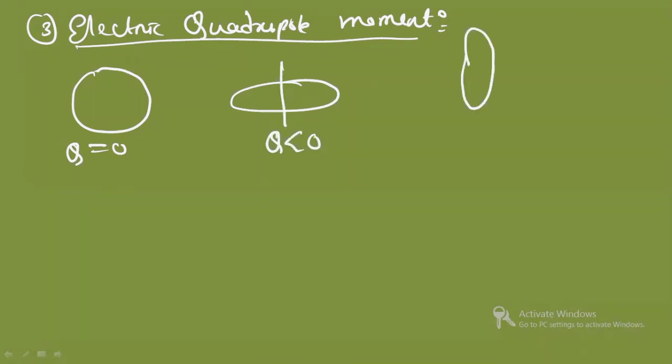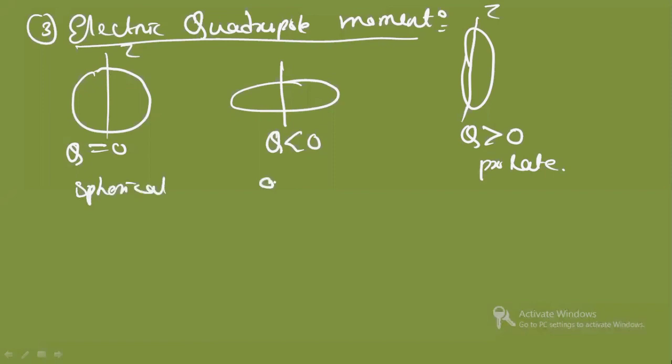If it's prolate, then it is greater than 0. This is prolate. This is spherical. This is oblate. So for spherical, the electric quadrupole moment is equals to 0. For oblate, it is less than 0. For prolate, it is greater than 0.